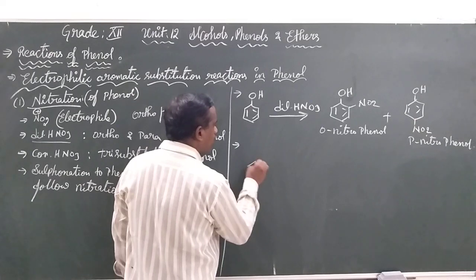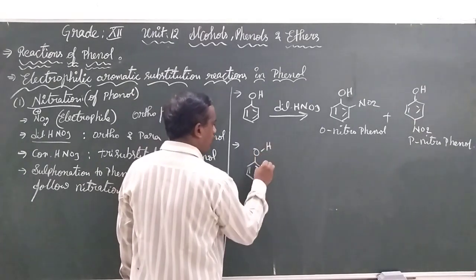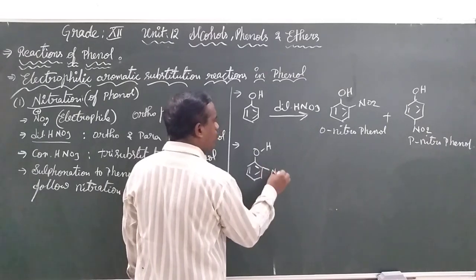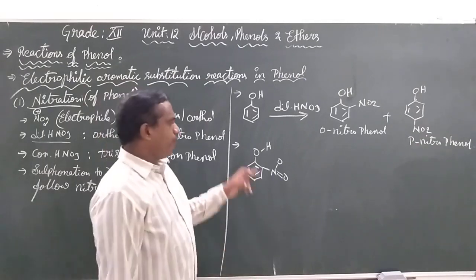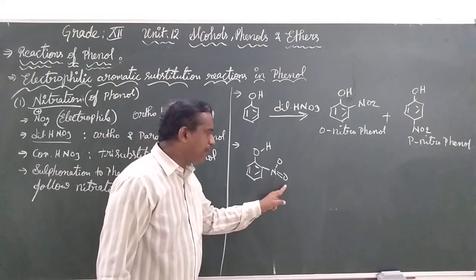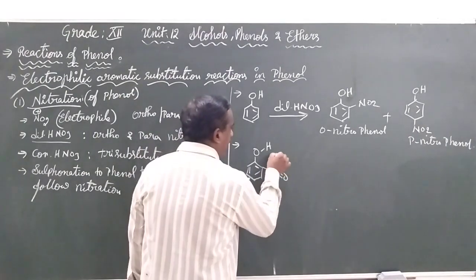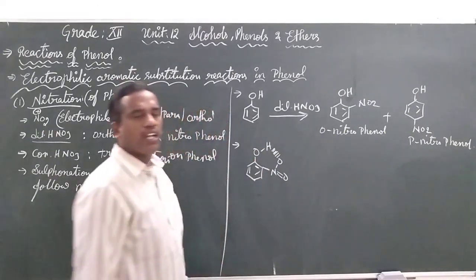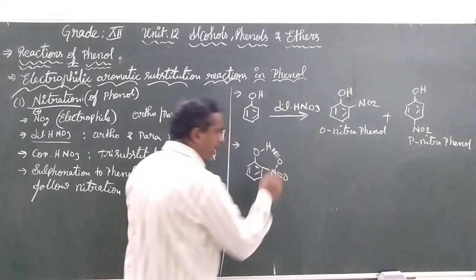Let us see the structures now. If you observe ortho-nitrophenol, it will have the OH group and the NO2 group, with N double bonded to O and a single bonded oxygen. The oxygen and hydrogen will have hydrogen bonding.